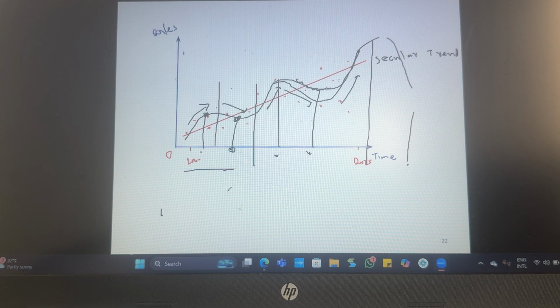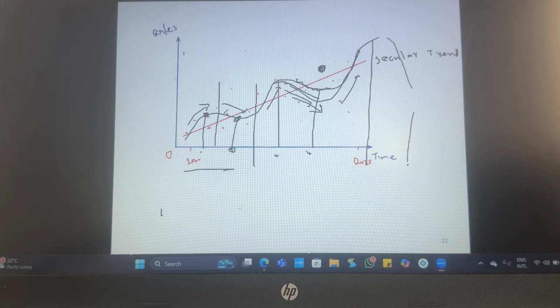So what I wanted to highlight here is the irregular pattern, due to unexpected reasons. So even here, for example, during this bad situation, sales is coming down, but suddenly you can see a very good sales point here.